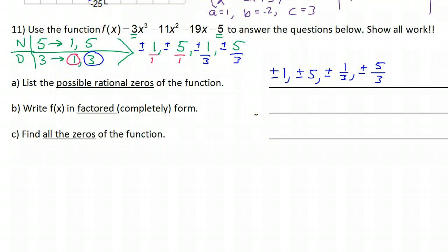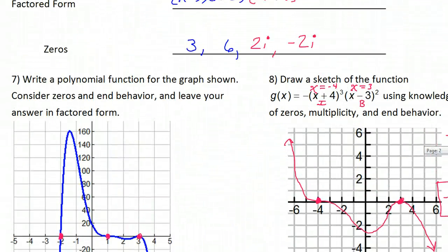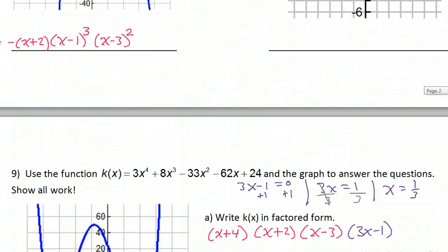But as we often do, we're supposed to take this polynomial, write it in factored form, and find all the zeros. In the past, we either had graphs where we could look and see exactly what the zeros were, that was the last couple problems, or we had the zeros given on the table, and we could use those with confidence that they were going to work.